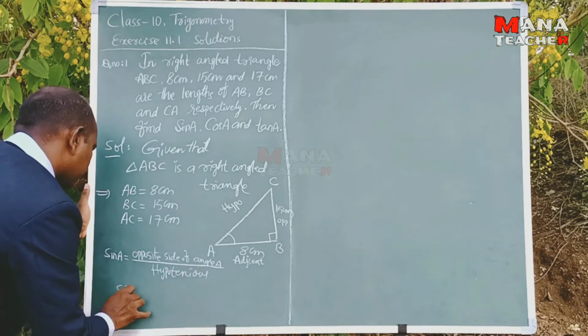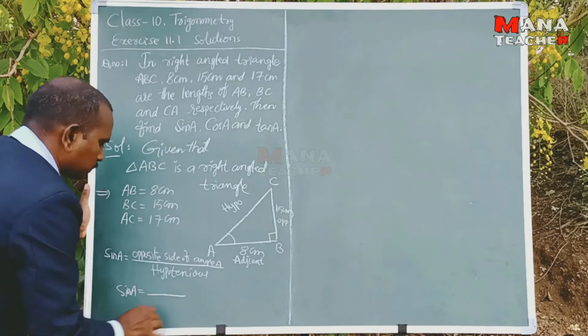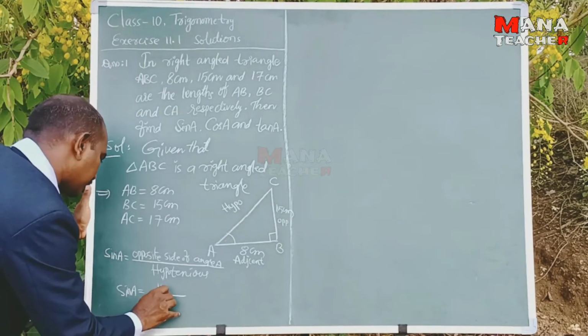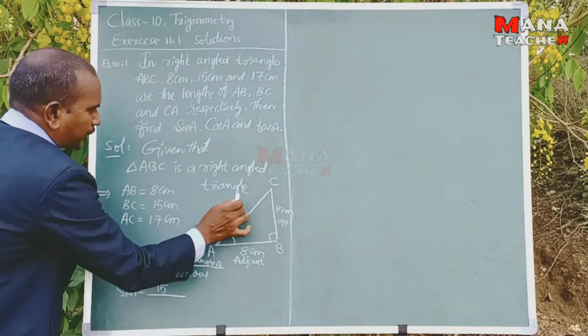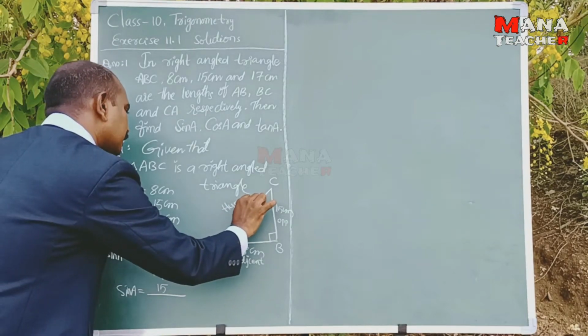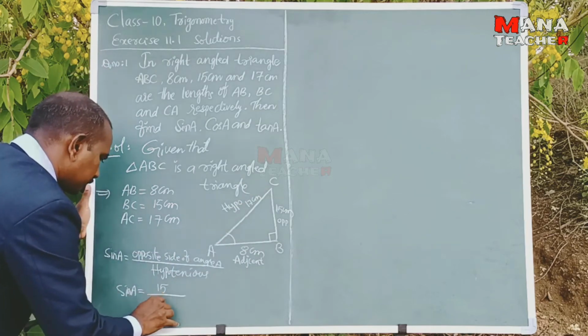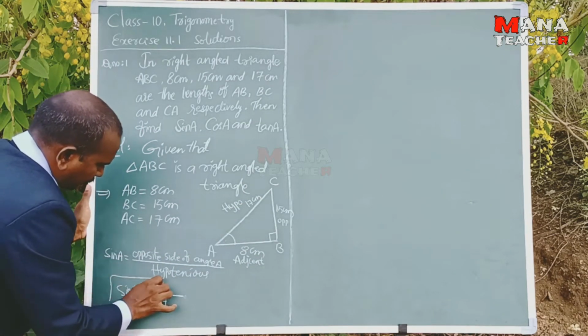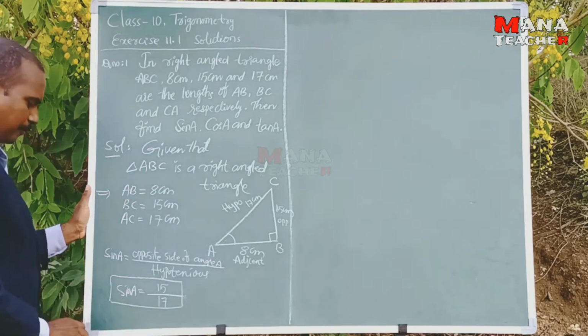Sin A equals opposite side 15 centimeter by hypotenuse 17 centimeter. Sin A equals 15 by 17.